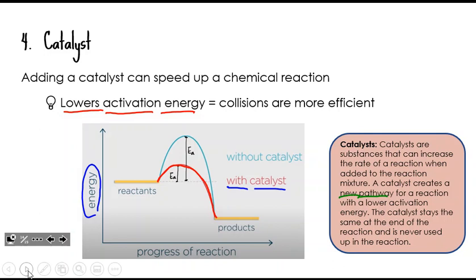Because remember, when they're colliding, they have to hit with the right energy and the right orientation so the bonds will break and the bonds will form between the correct elements that will make the new compound. So the catalyst is very important, and you'll have questions referring to the potential energy diagram where you have to remember that it decreases that hill, or that activation energy. Activation energy is from the reactant line to the top of the hill, or the transition state.